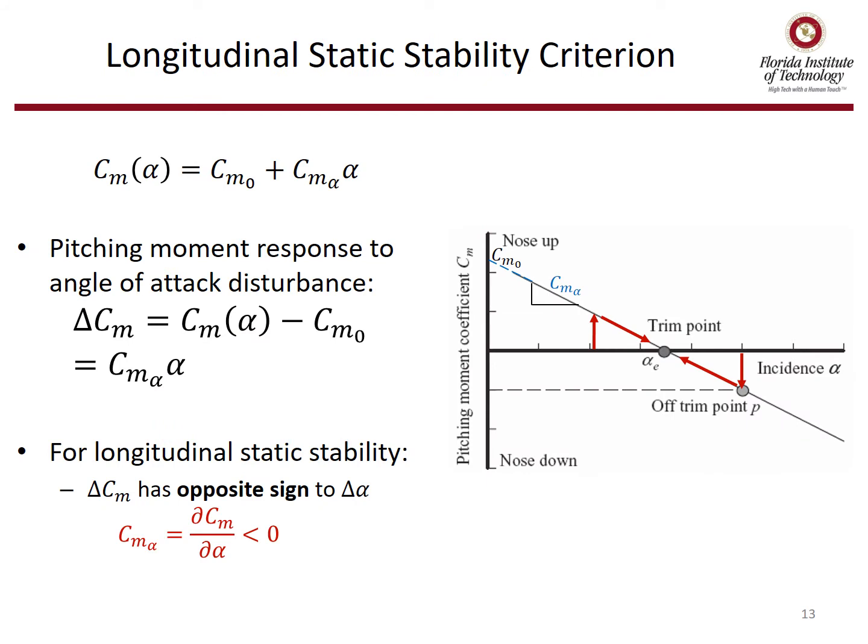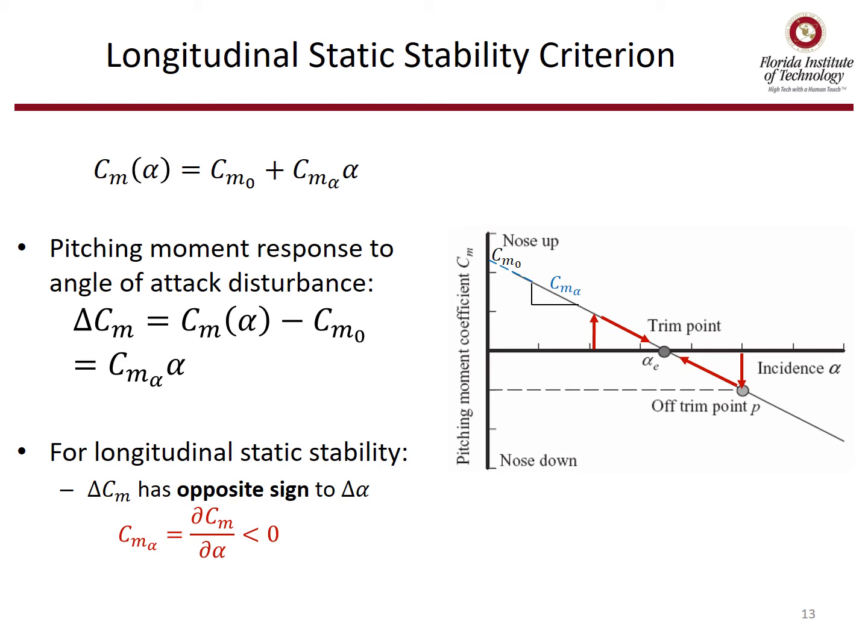Another way to look at that is going back to the Cm versus alpha curve, the linear relationship we showed earlier. Again, when that curve crosses the x-axis, that's the trim point. That's the angle of attack that was needed to trim the aircraft to have zero pitching moment. In this example, alpha e, if we get a disturbance in angle of attack that makes the overall angle of attack larger, so let's say, again, alpha e was 6 degrees.